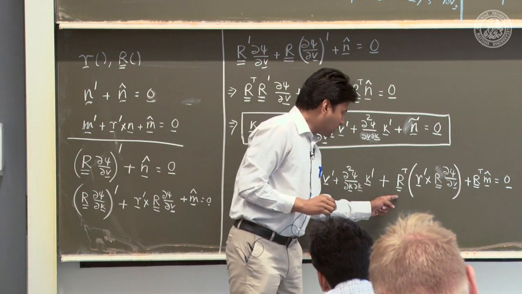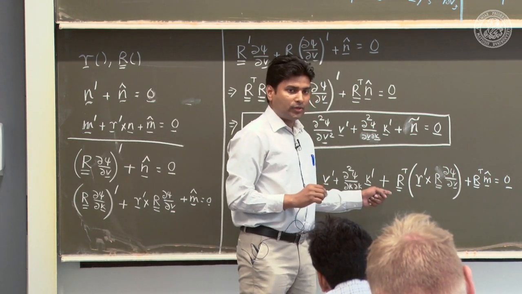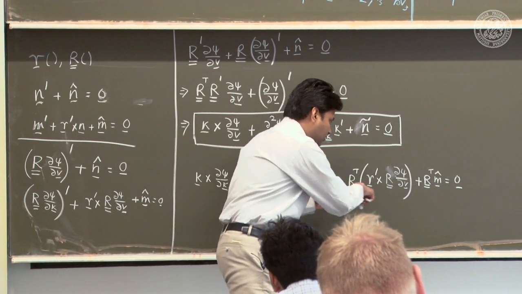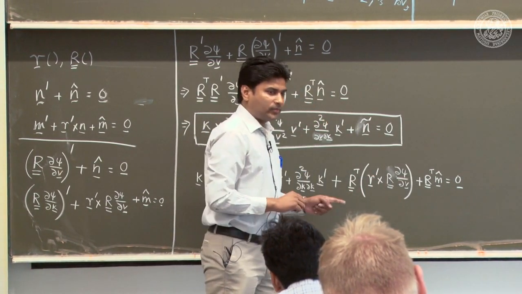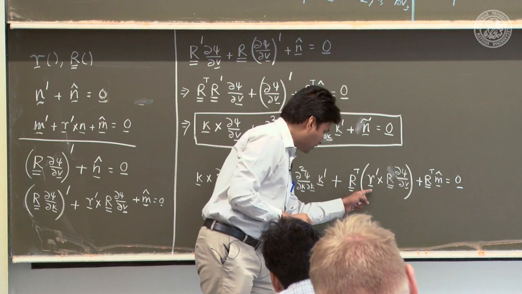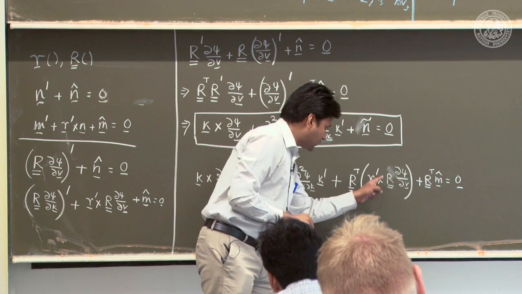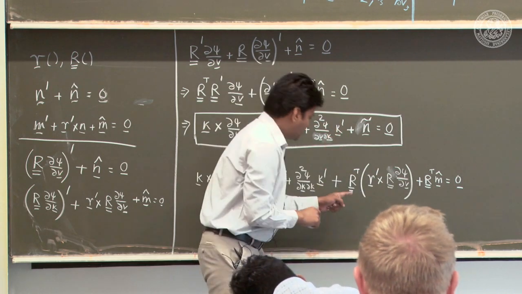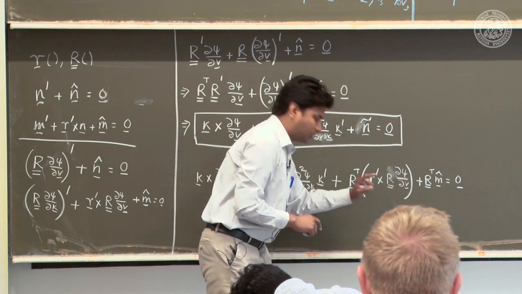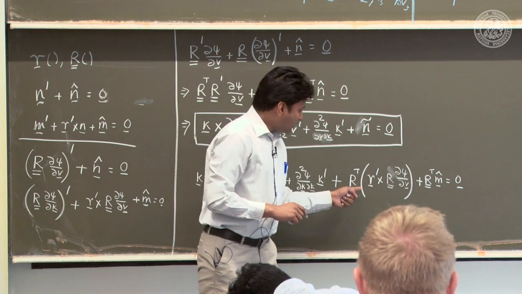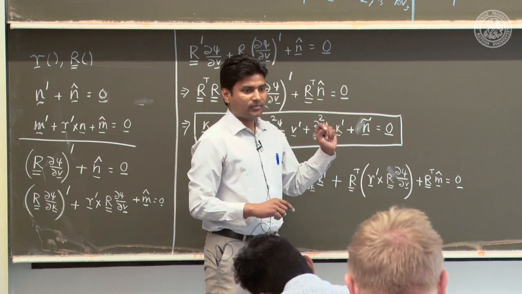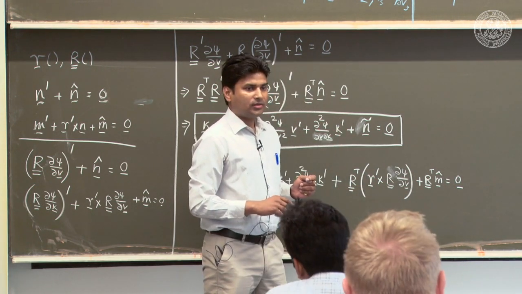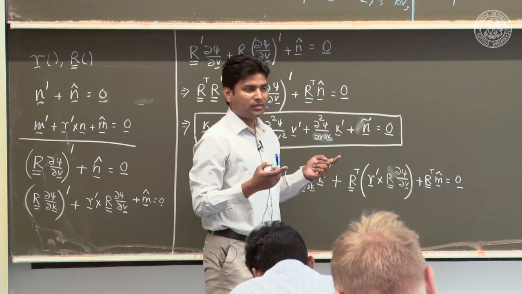Now, because your big R is in SO3, it is a proper rotation, it simply distributes. So, you will have big R transpose into little r prime cross big R transpose big R del psi over del V. So, this is going to come here as well as here. Now, what is big R transpose little r prime? That is the strain V, right.